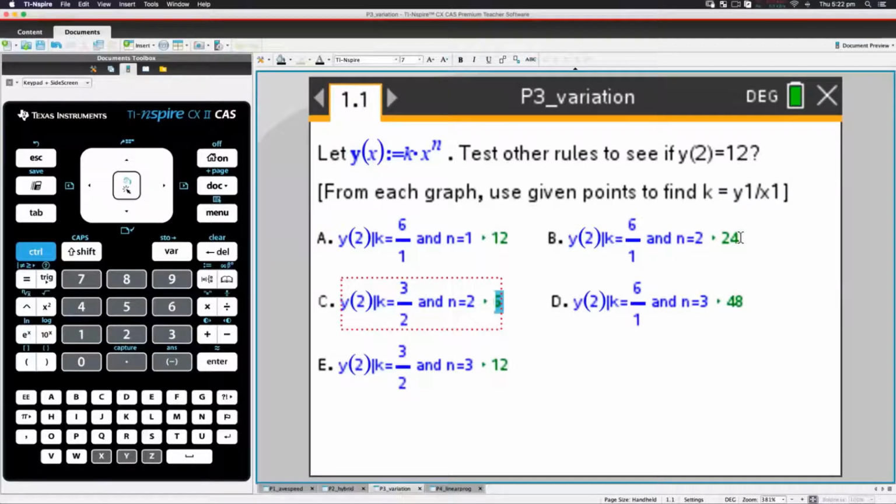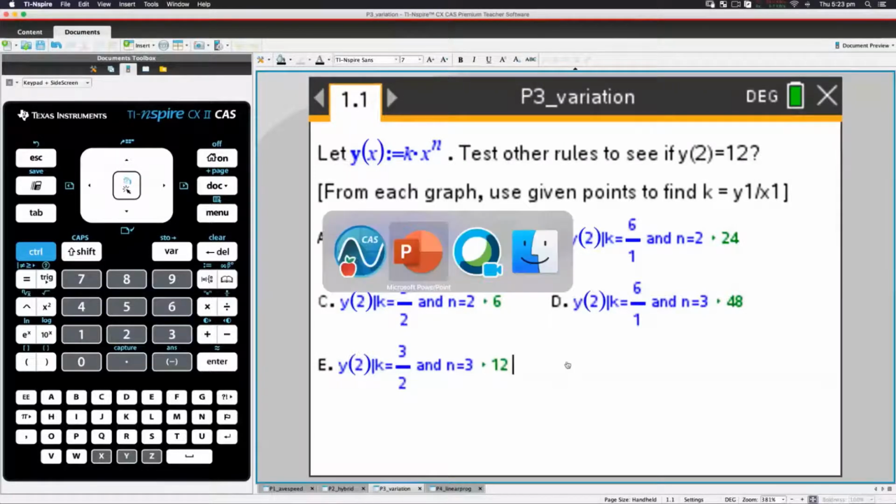And in part D, the graph is a cubic, and with the values that have been chosen there, it gives the value 48. And so it's only E, which is y against x cubed. And if you use the k value and the n value chosen, you do indeed get 12. And so that's the answer. So again, you don't need to use the notes page, but it is another way of quickly checking your result.